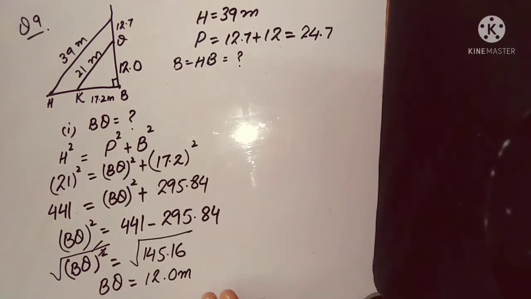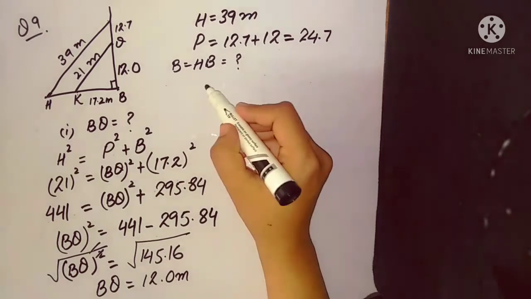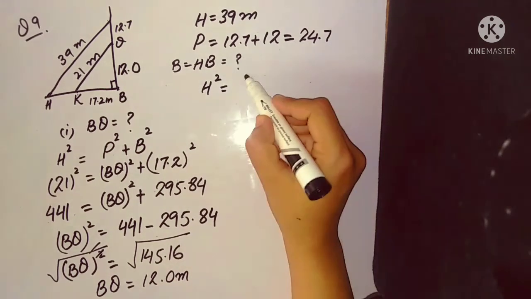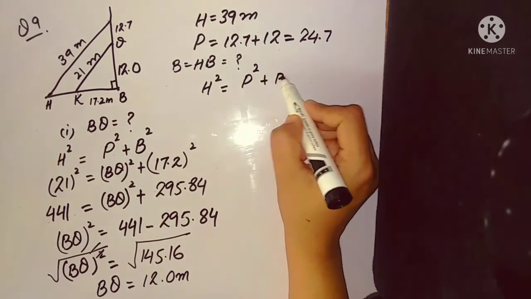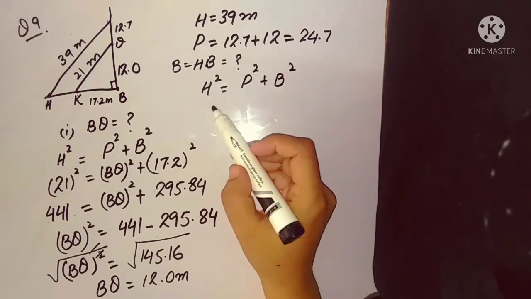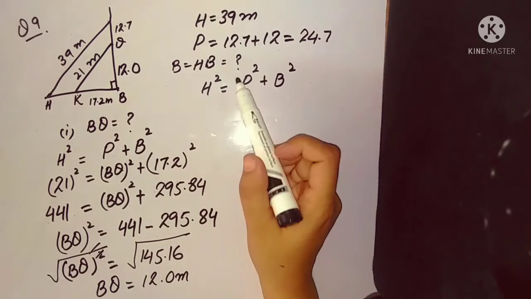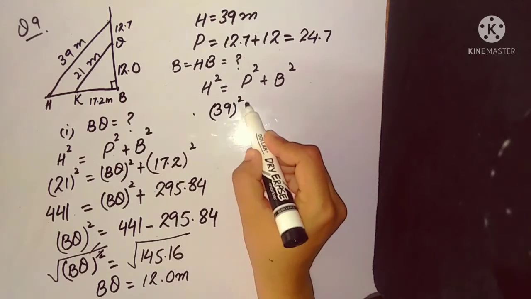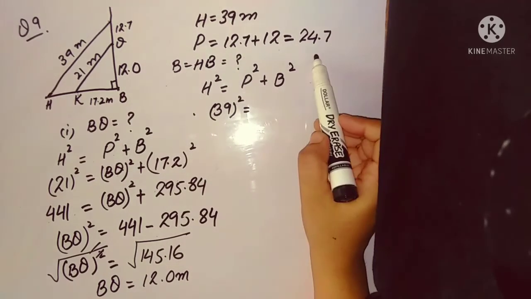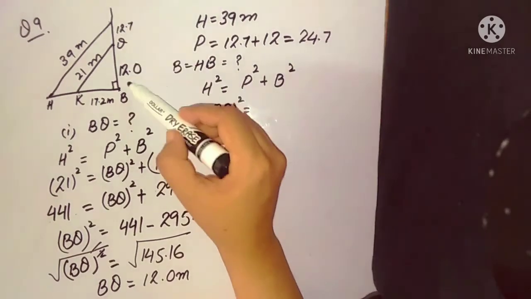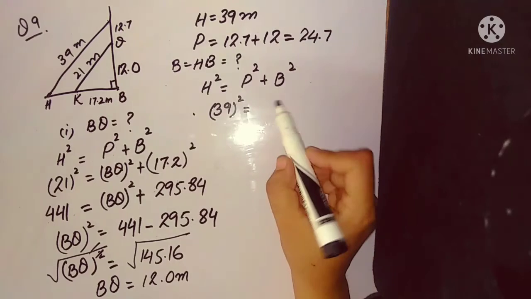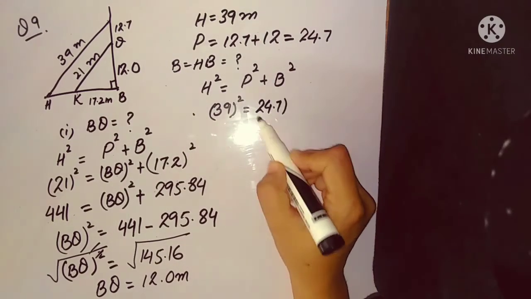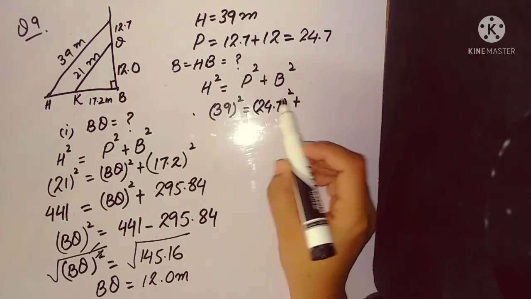Now let's use the formula of the Pythagoras theorem: hypotenuse square is equal to perpendicular square plus base square. So hypotenuse is 39, so you take the square of 39. Your perpendicular is 24.7, which you found by adding these two numbers. And the base you have to find out, which is HB.